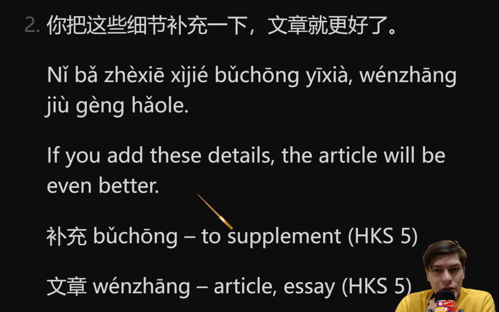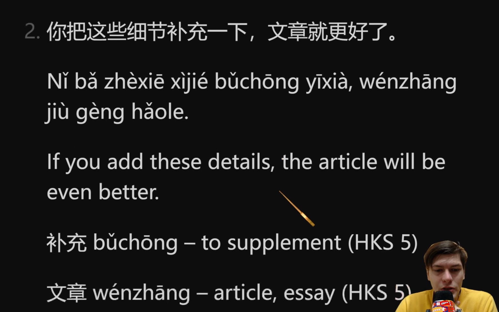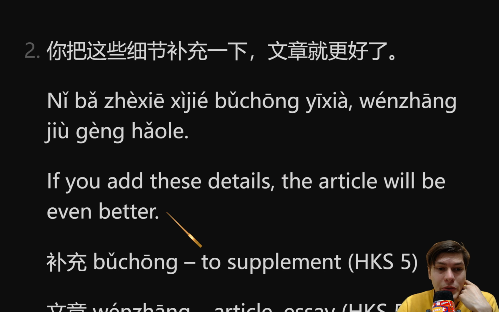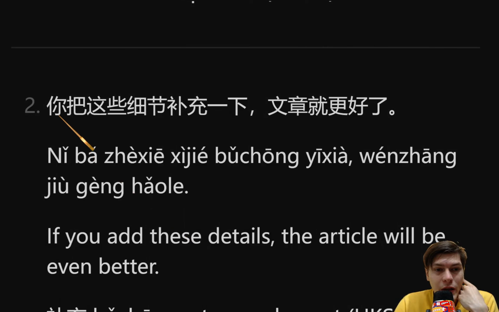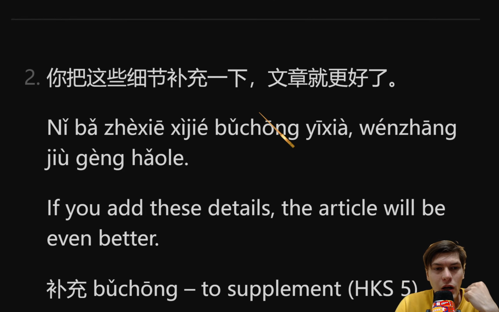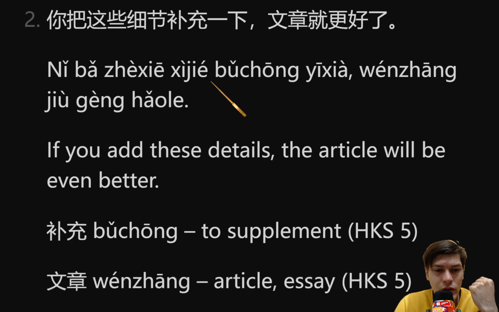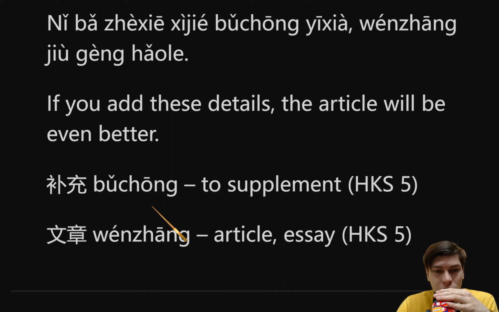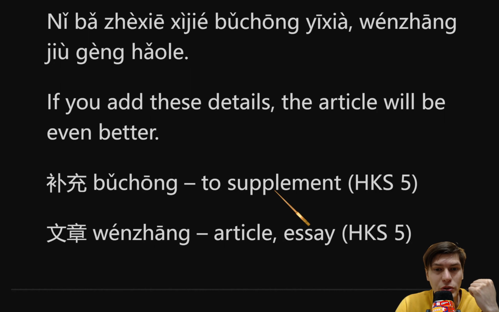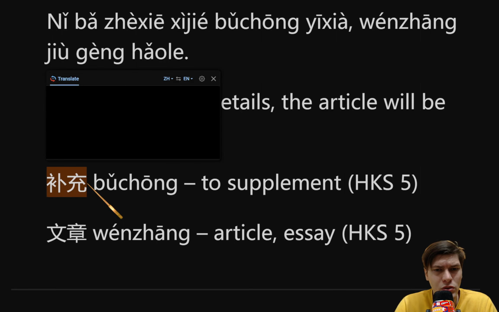Let's see the next one. If you add these details, the article will be even better. 你把这些细节补充一下，文章就更好了。You remember 把, to take something, so 你把这些细节, you take these details, 补充一下。补充, as you can see, is not from this chapter, so to supplement. 补充 could also be to supply, right?